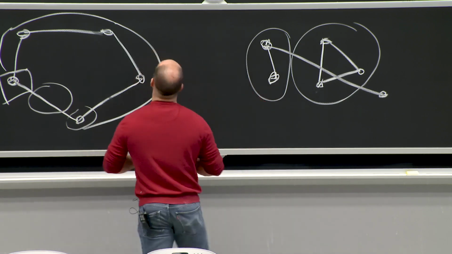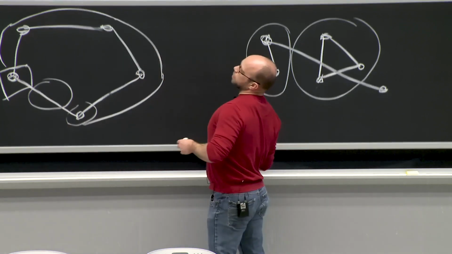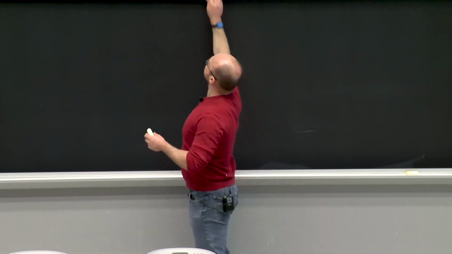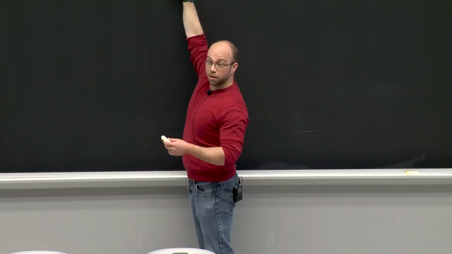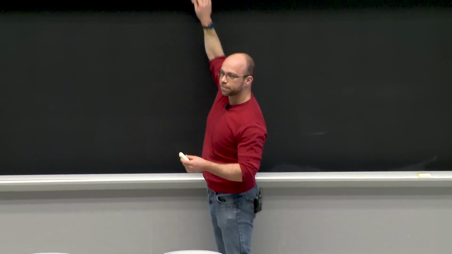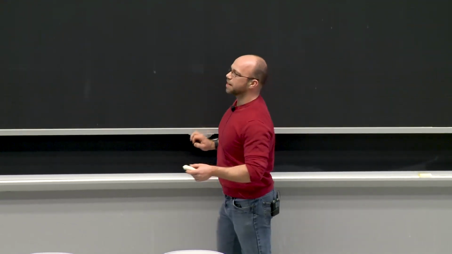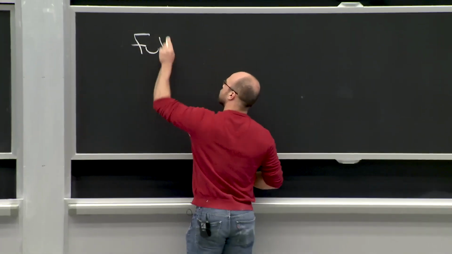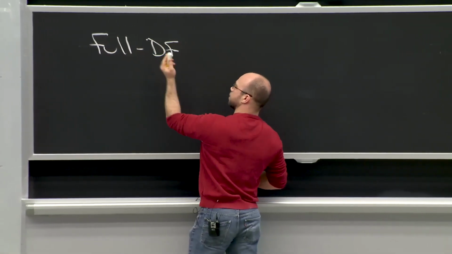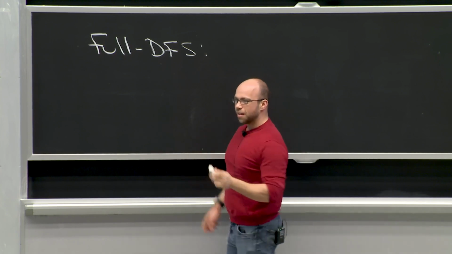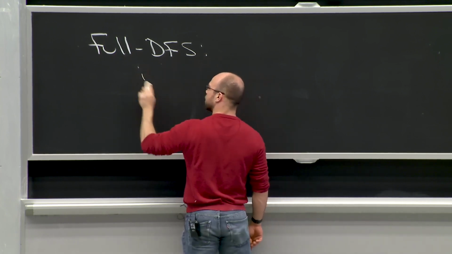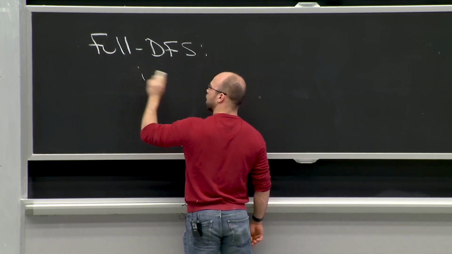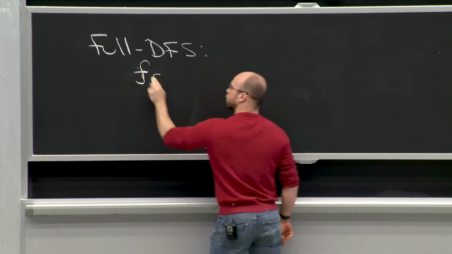So this is the algorithm that, in this class, we're going to call full DFS. By the way, you could do the same thing with full breadth first search. That's perfectly fine, just by analogy here. So what is full DFS? Well, I'm going to iterate over all my vertices, where I stands for for loop.